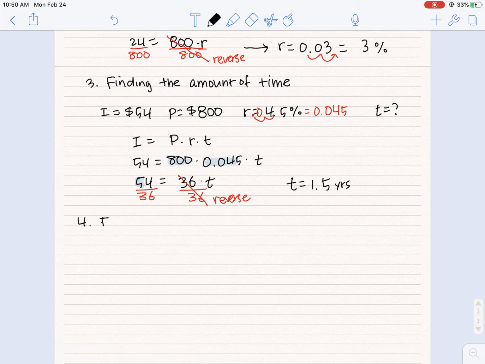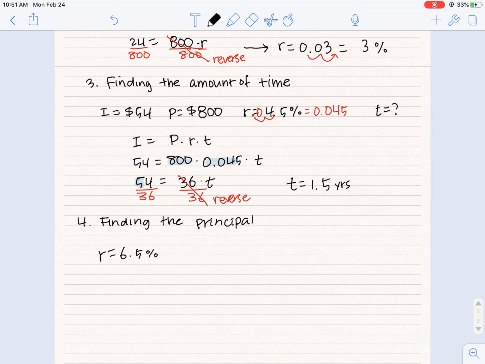Okay, finding the principal. Same thing. Let's say I don't know what principal is, but I'm going to have an interest rate of 6.5%.